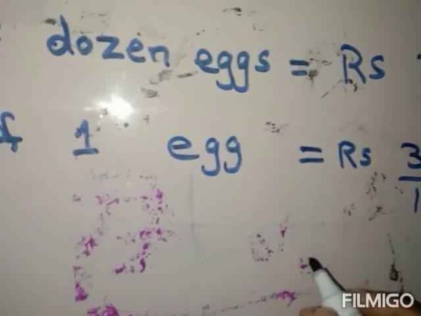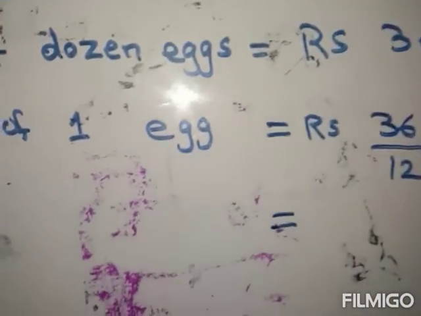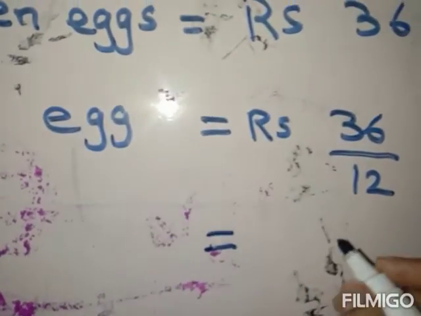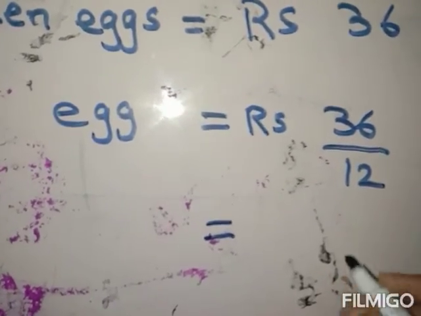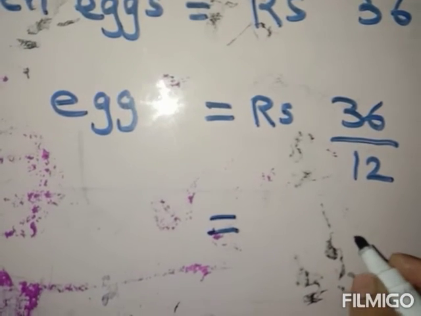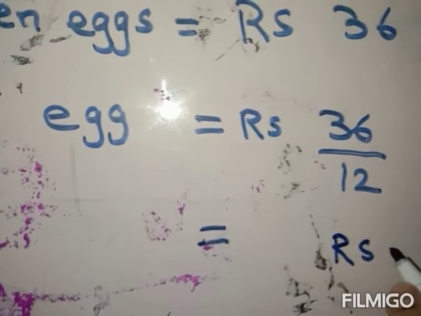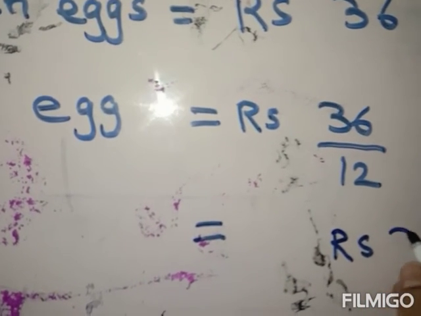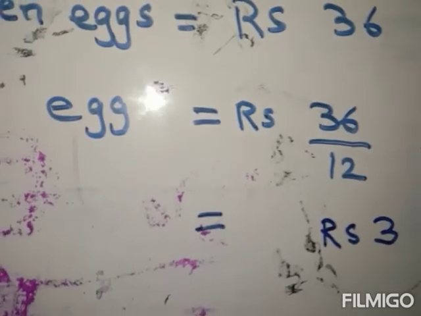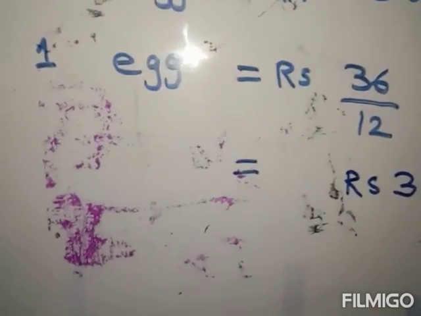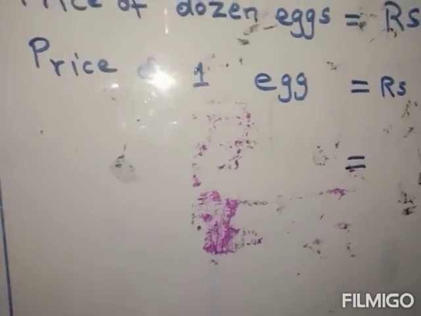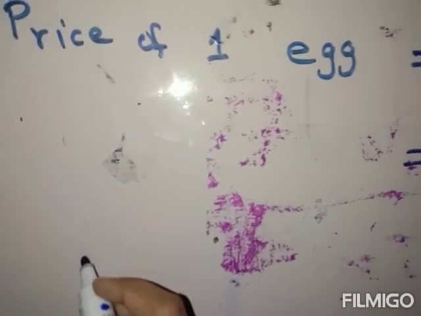Now you can do it directly. 12 ones are 12, 12 threes are 36. So rupees 3. Imagine 3 rupees an egg in today's era. Okay, then we have to find the cost of 7 eggs.